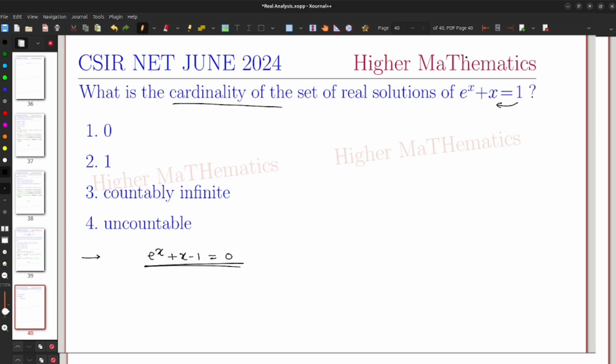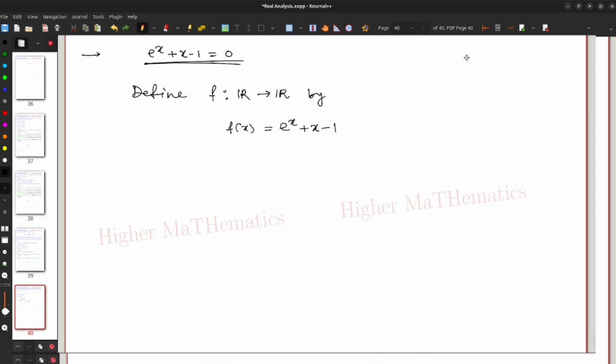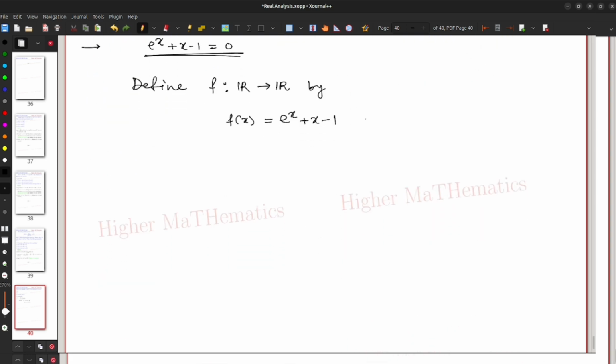Let us now construct a function. Define a function f from R to R by f of x equal to e to the power x plus x minus 1, where x belongs to R.